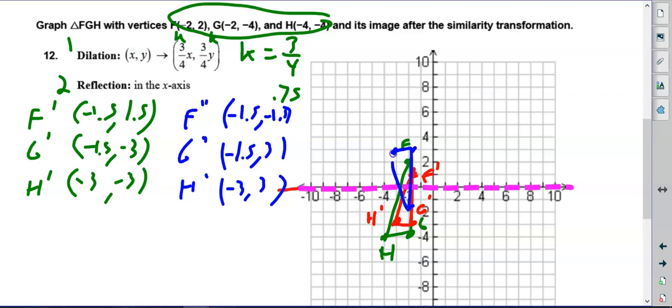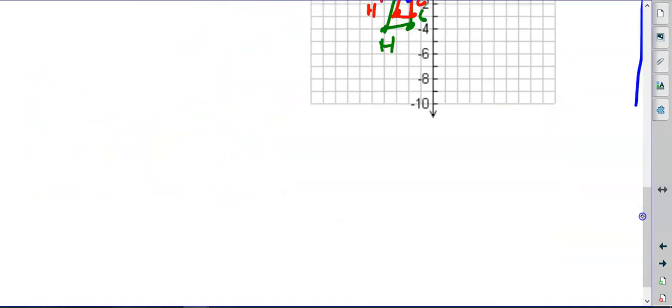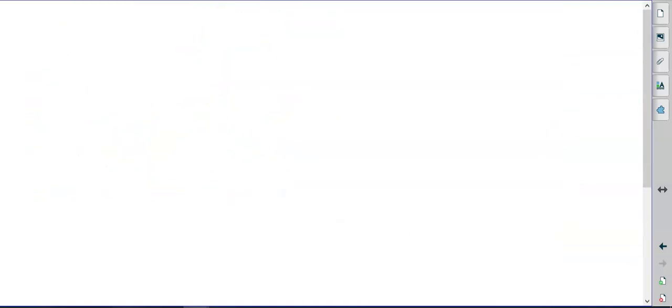So it's going to look like this. Sorry, it's very crowded, a lot going on, but that's what it would look like. So first we took that triangle and we shrunk it, and then we flipped it over the x-axis. So everything down below the line went above the line, everything above the line went down below the line. Kind of a nasty one. And that's it.